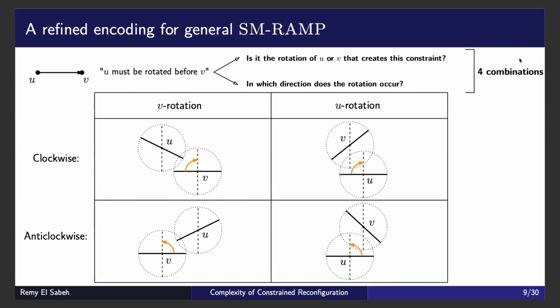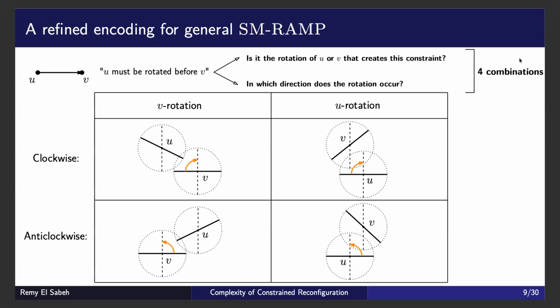So there's an interesting distinction to be made here when we compare V rotations to U rotations. And it's that in the V rotation column, you notice that the rotations are blocked by initial positions. So U's initial position is what's blocking V in both cases. Whereas in the U rotation case, it's V's vertical orientation that's blocking U's rotation.